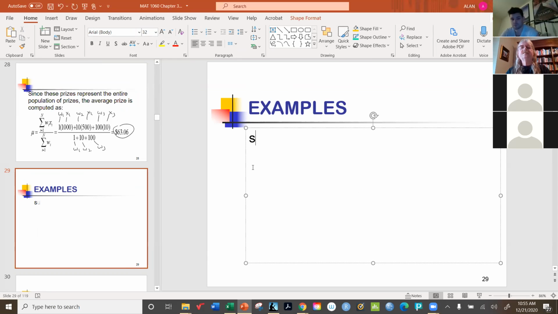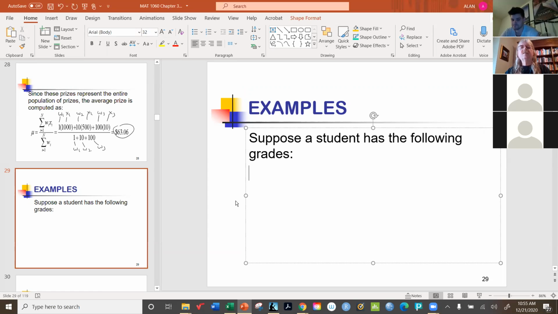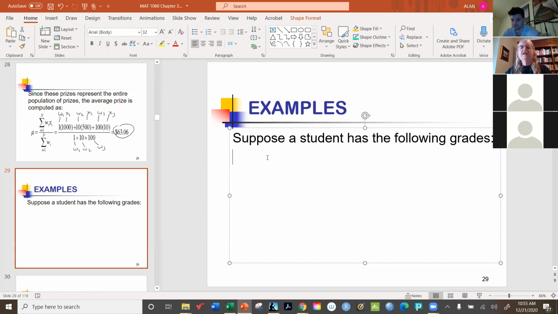Suppose a student has the following grades. Okay, so this is your semester. So an English class, 3.0 credits, and you got a C, which is worth 2.0, by the way. Let's just put that in there. And then you took calculus 1.